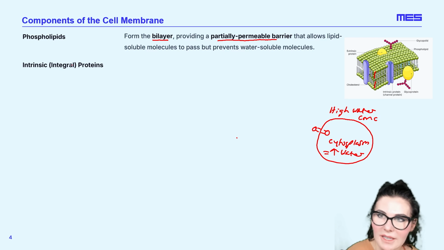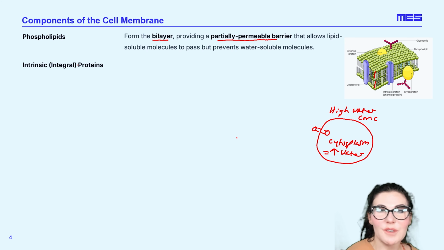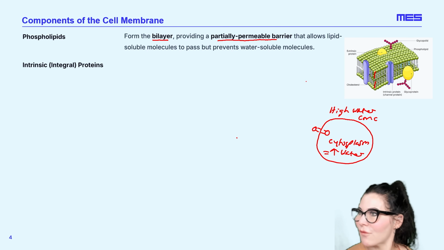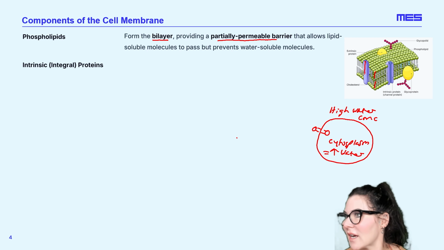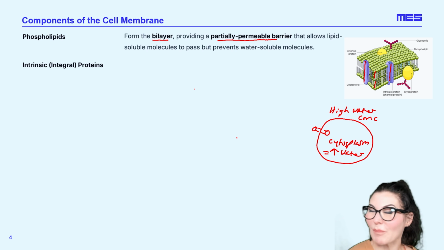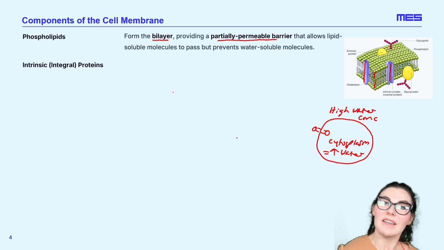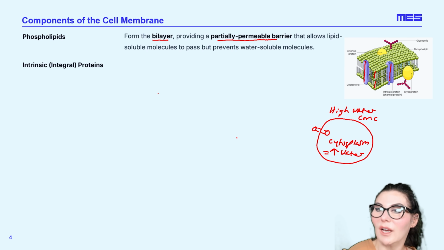Now, the proteins that are found within the membrane come in all different sorts of shapes and sizes and are positioned in different places. If the protein is seen spanning the entire width of the membrane, as we can see here in the diagram, of which there are two represented, we call these the integral or the intrinsic proteins.